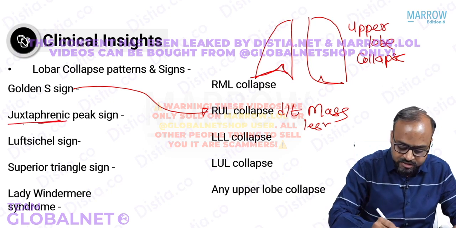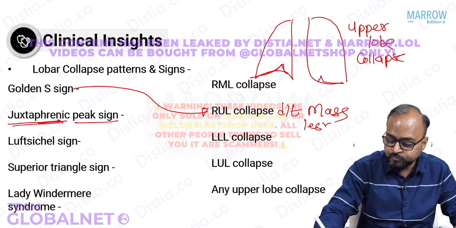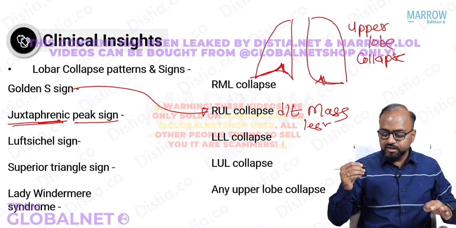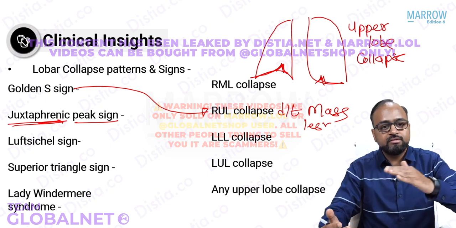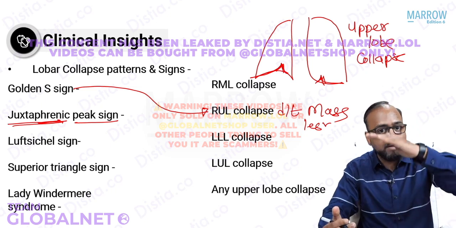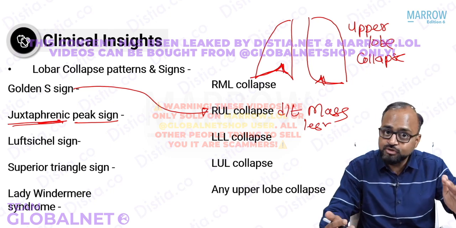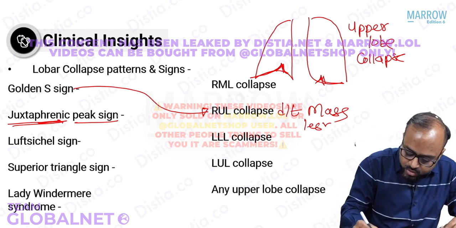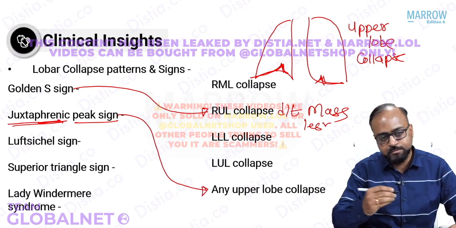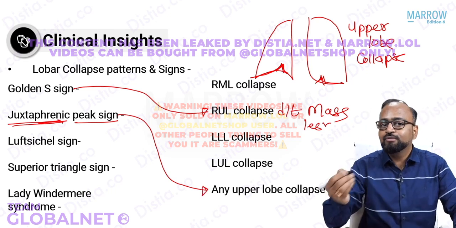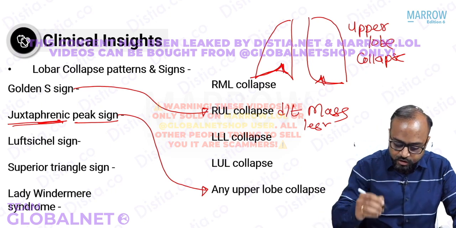Phrenic means diaphragm. So this peak which is created in an upper lobe collapse along the diaphragm because of the upward pull is called juxtaphrenic peak sign. So any upper lobe collapse, be it right upper lobe or left upper lobe, will create a juxtaphrenic peak sign on the ipsilateral diaphragm.